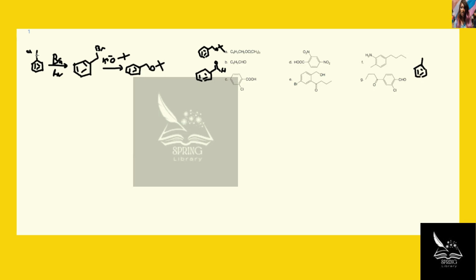So we need to make this carbon gain an oxygen, and then we should oxidize this oxygen to the aldehyde stage and not all the way to the carboxylic acid. So we know that, for example, if I start with this product here, this bromine, I can, instead of having this tert-butoxide as my nucleophile, I can just have an OH minus as my nucleophile, kicking off this bromine, then I'll have an alcohol, and then I can use an oxidizing agent to oxidize it to the aldehyde stage. So let's do that.